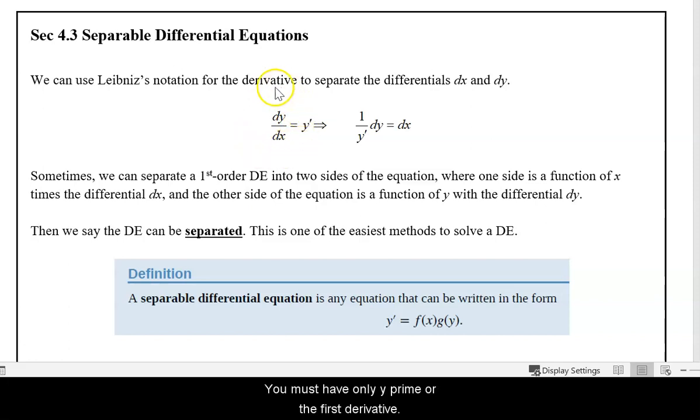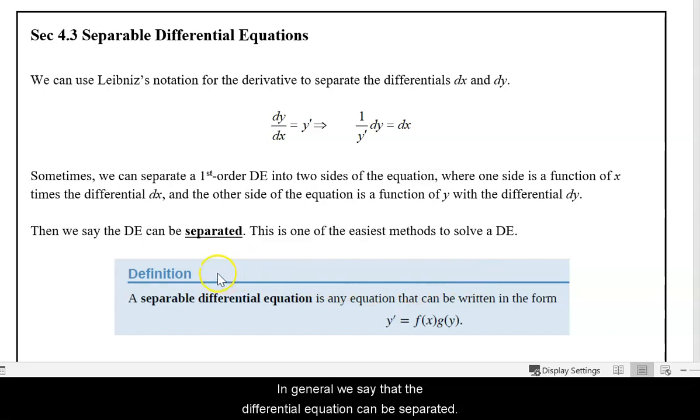You must have only y prime, or the first derivative. This also means that you must be able to separate the y and y prime variables from the x and the differential dx. This is one of the easiest methods to solve differential equations, which means that you will not see it terribly often in an ordinary differential equations course, but you will see it often enough that it is a technique you will need to know very well.